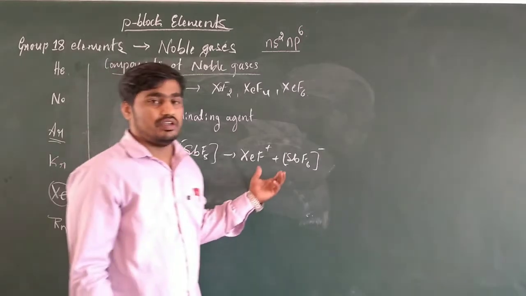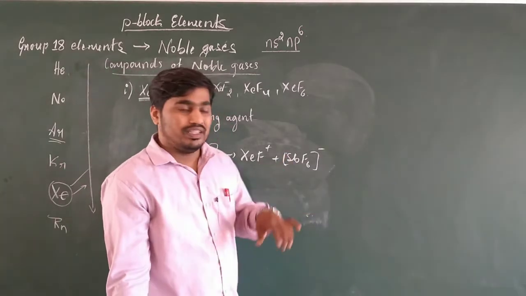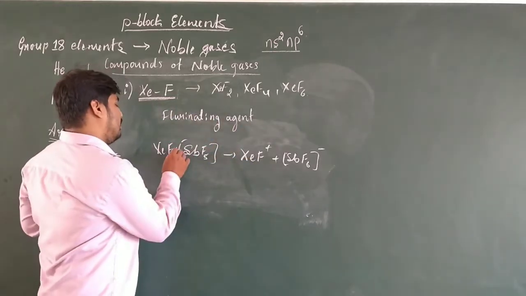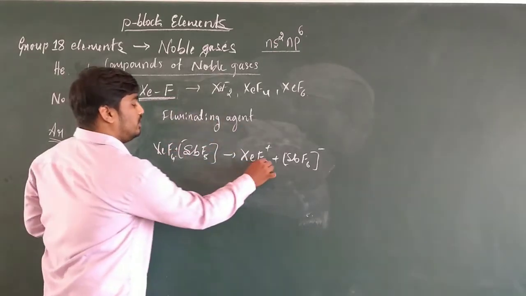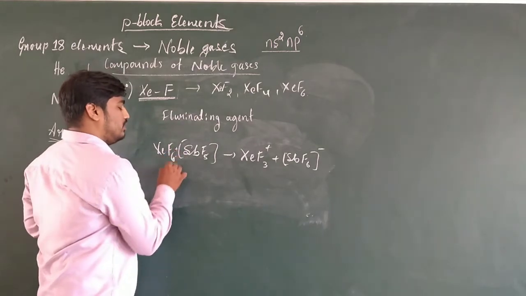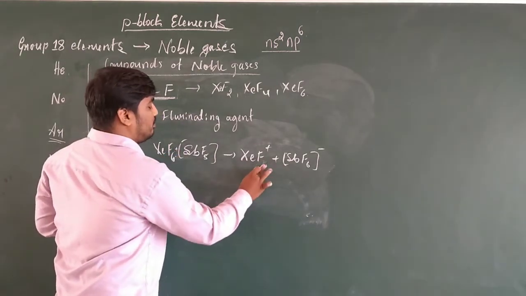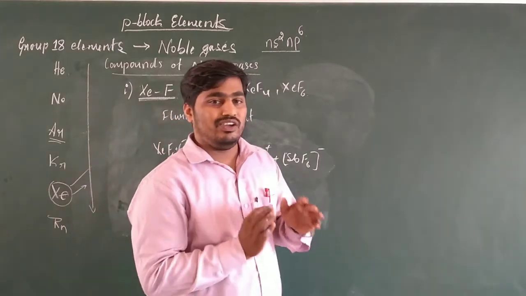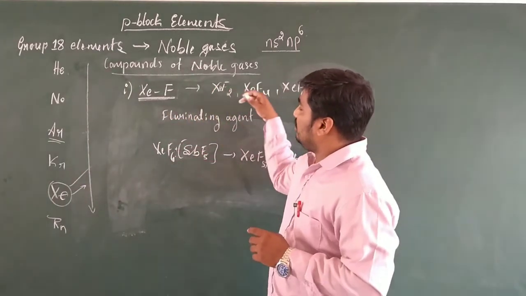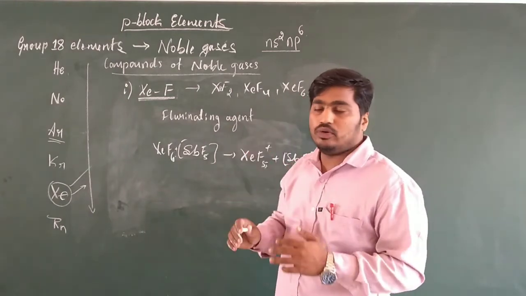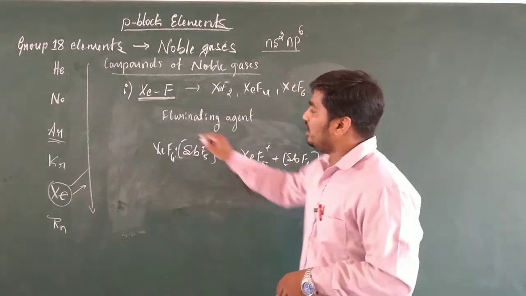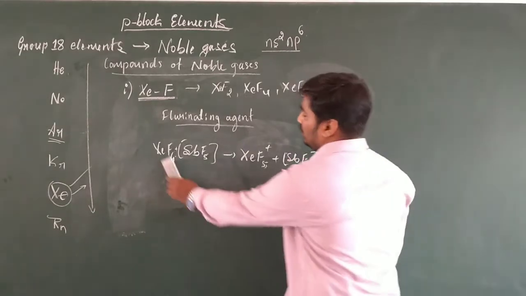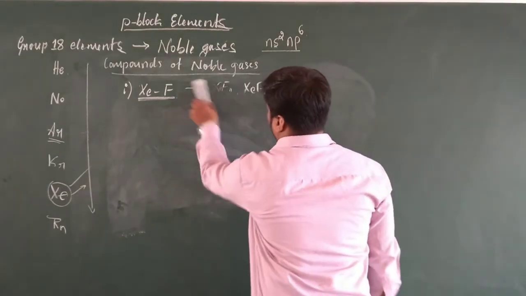Ionic compounds are formed, which indicates its ability to donate fluorine. If you take tetrafluoride, then it becomes 3. If you take hexafluoride, it becomes 5. Similarly, all the xenon fluorine compounds behave like fluorinating agents. So this is a very important thing about these compounds.